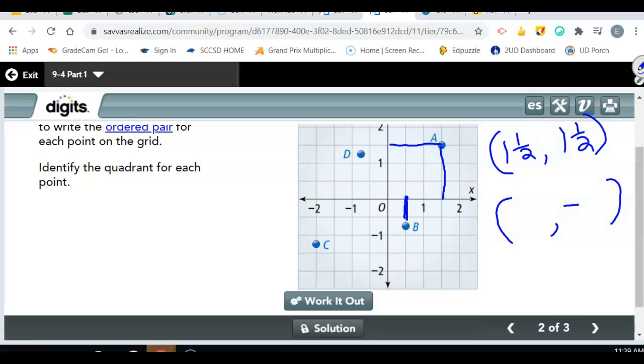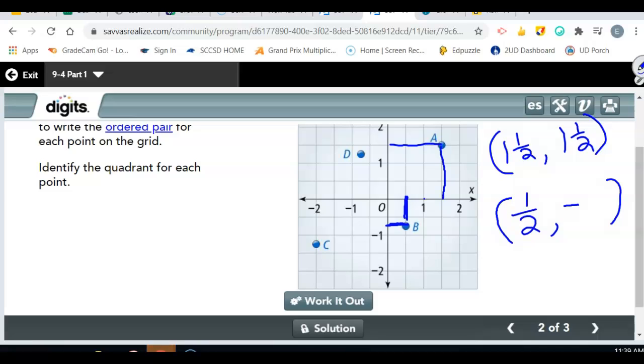Where does B fall on the x-axis? Lily. Perfect. 1/2. 0, 1/2, 1. So where does B fall on the y-axis?